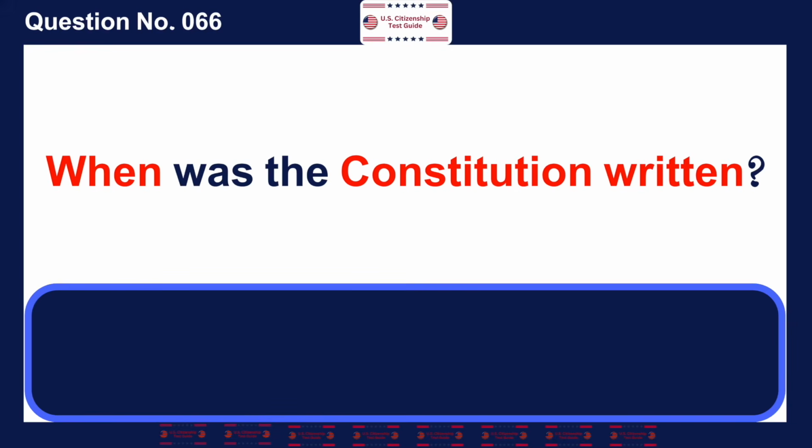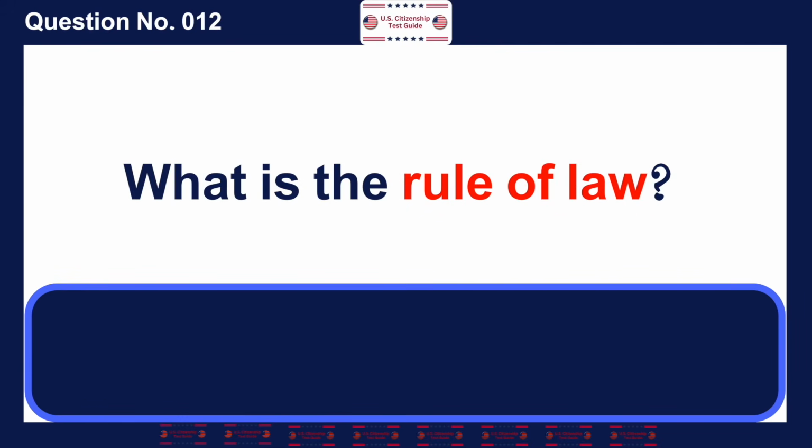When was the Constitution written? 1787. What is the rule of law?